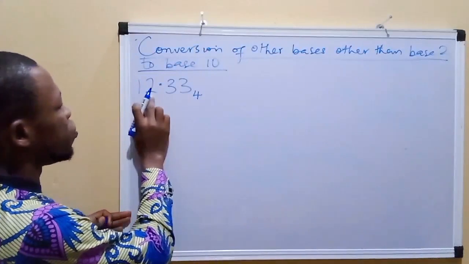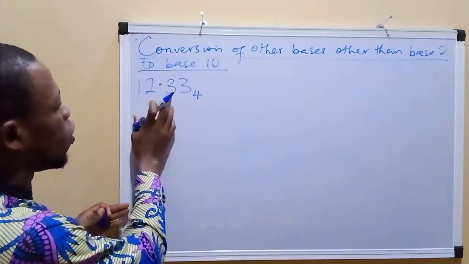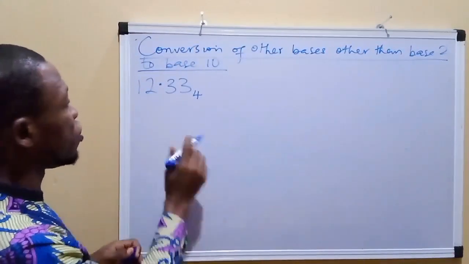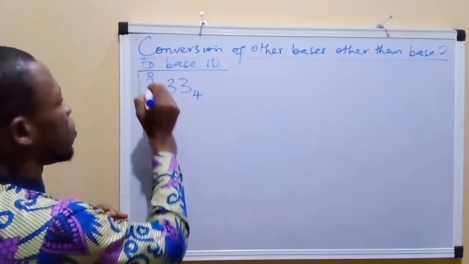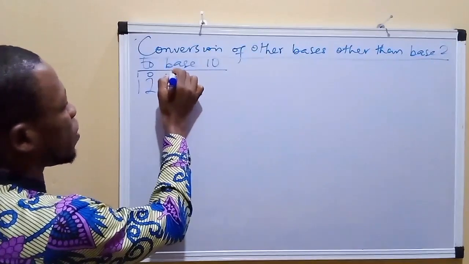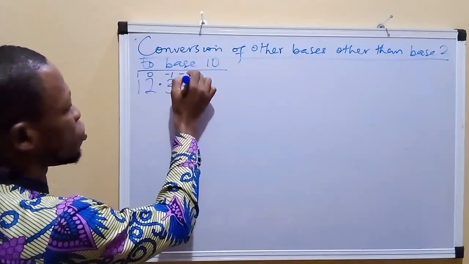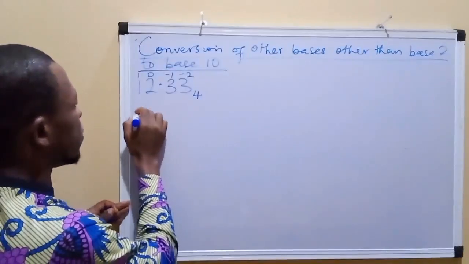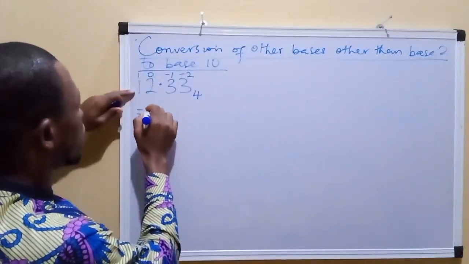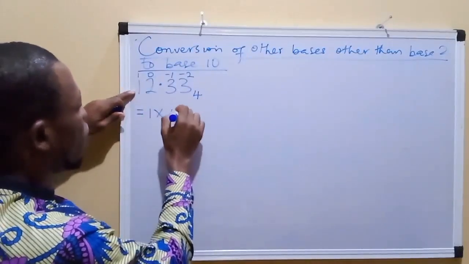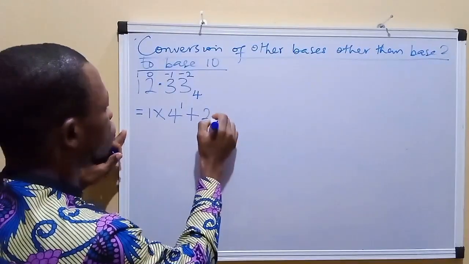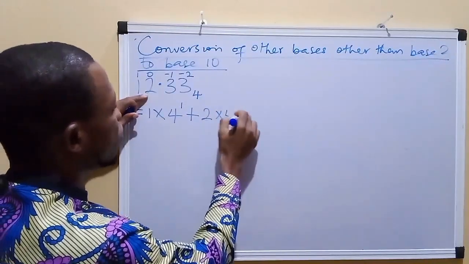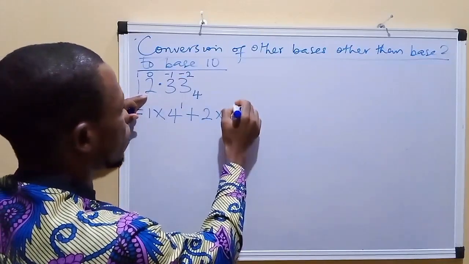Here is 1, 2, that is 12 in the whole number part, which is 2 digits. 2 minus 1 gives us 1. So here will be raised to power 1, raised to power 0, meaning that here in the decimal part will be minus 1 and minus 2. So let's expand. So we have 1 times the base 4 raised to power 1 plus 2, the second digit, times the base raised to power 0.